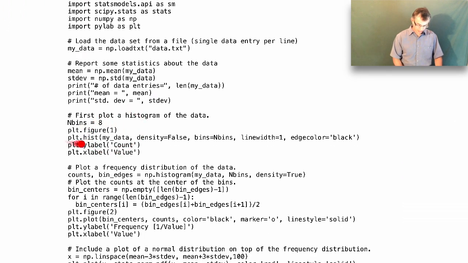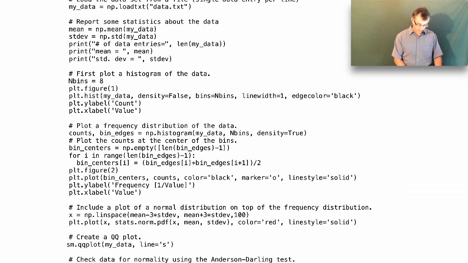Here's how you produce a frequency distribution of the data. There's a function called histogram, and if you set density equal to true, it produces a frequency diagram. If density is false, it produces a histogram.